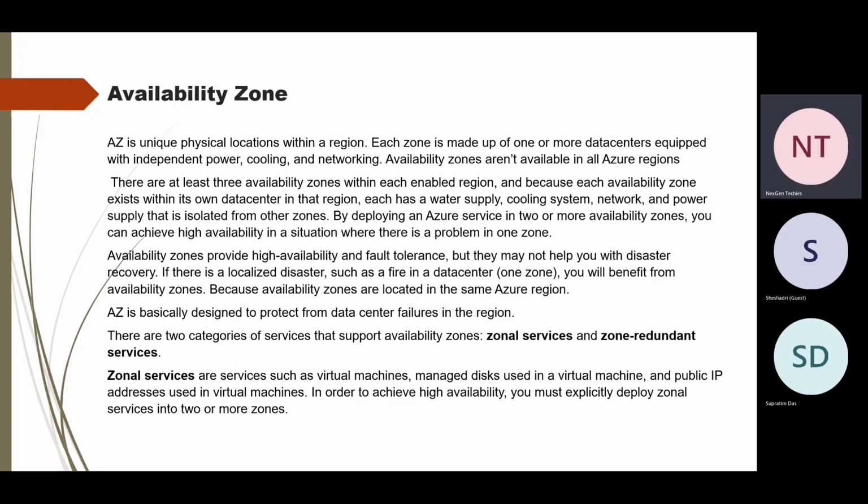Your VMs are deployed in all the availability zones, but how will you replicate your VM data, network, IP address, application data, and database? Those get replicated with zonal services and zone-redundant services. Zonal services handle the VM replication and zone-redundant services handle your storage replication. Okay, data replication. We'll see that.